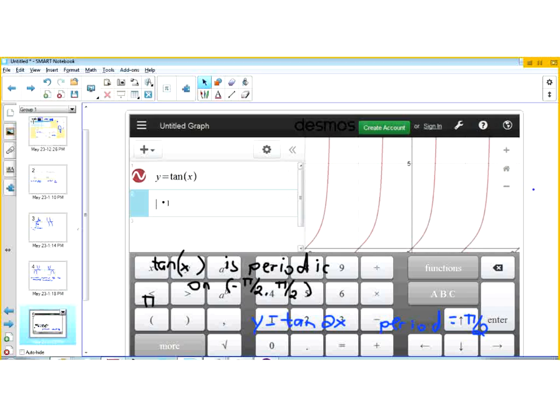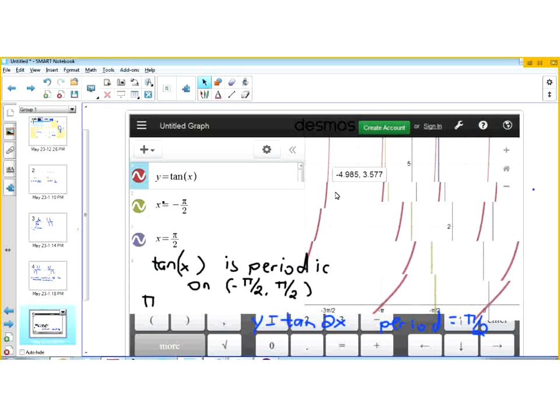So for the tangent function, let me go ahead and sketch the, that should be x equals pi halves, I'm sorry. So next graph, x equals negative pi over 2, and then x equals pi over 2. So these would be the verticals for the tangent function. All right.